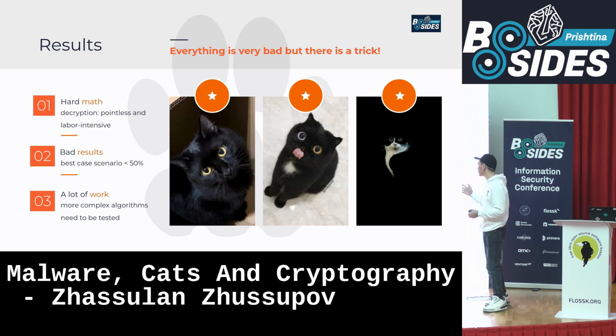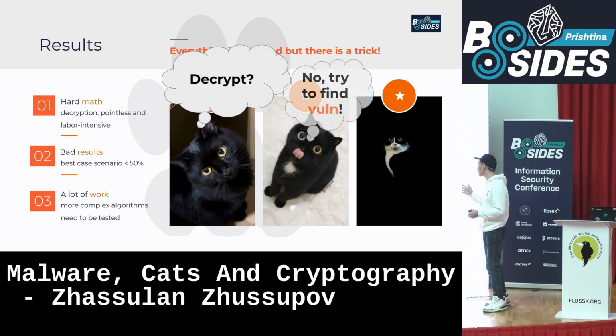What's the main idea of this trick? Let's say we try to decrypt. No, it's a bad idea, so we try to find a vulnerability in the ransomware. What does it mean?